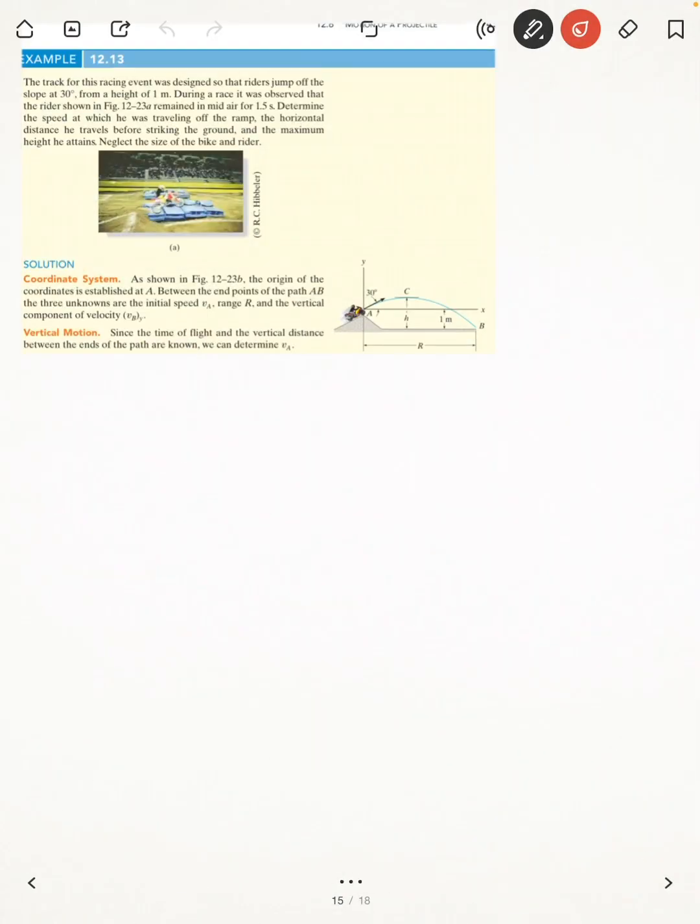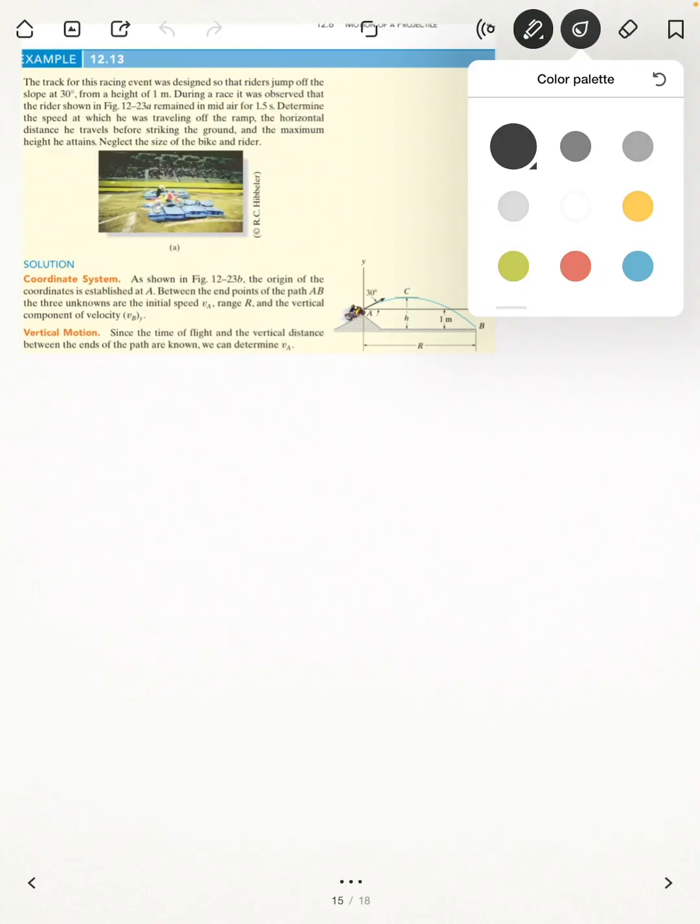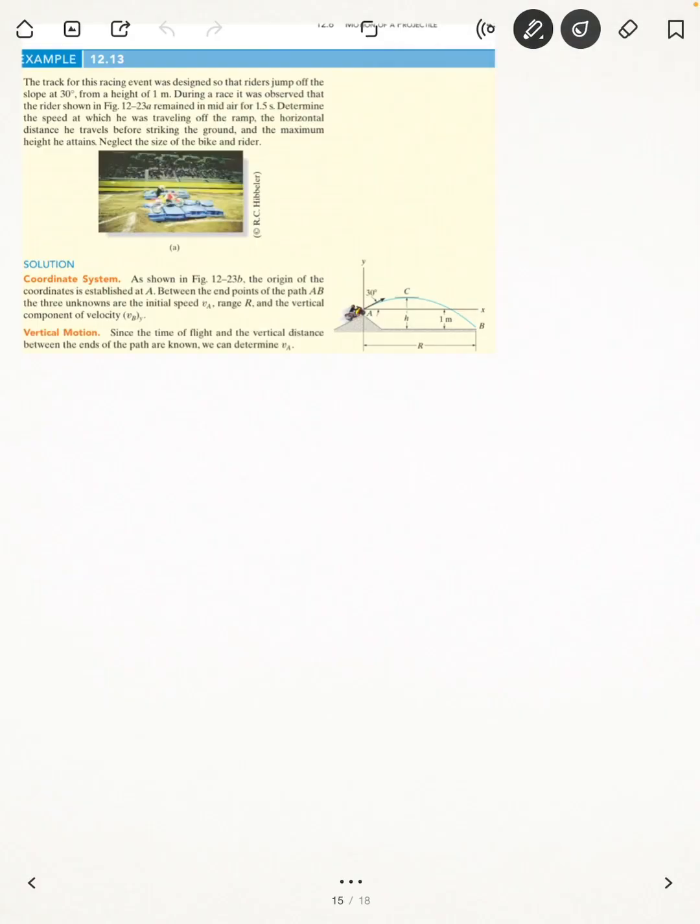Now the next problem. Okay, so in this problem, example 12.13, the track for the racing event was designed so that the riders jump off the slope at 30 degrees. Okay, so this is the ramp, and the rider jumps off at an angle of 30 degrees, so this is 30 degrees, at a velocity probably v naught. Let's read.